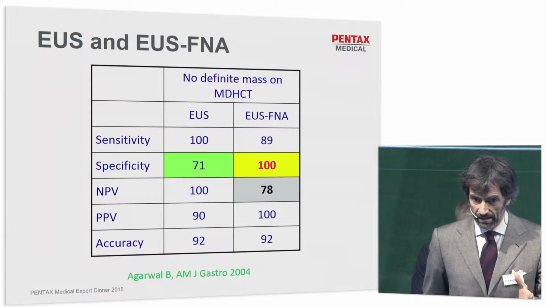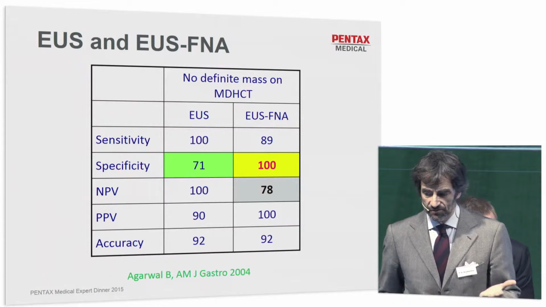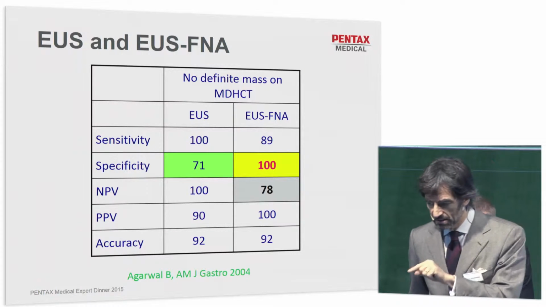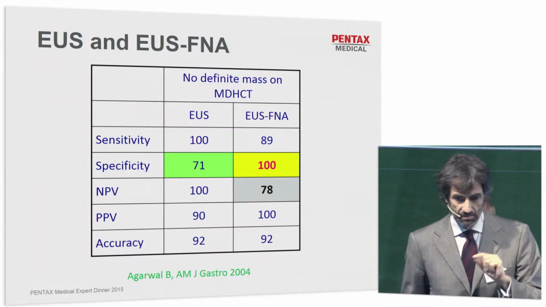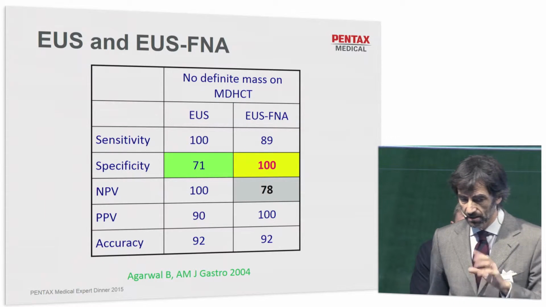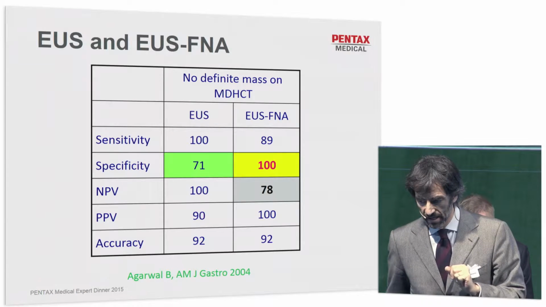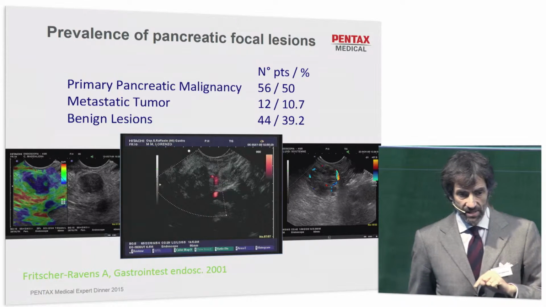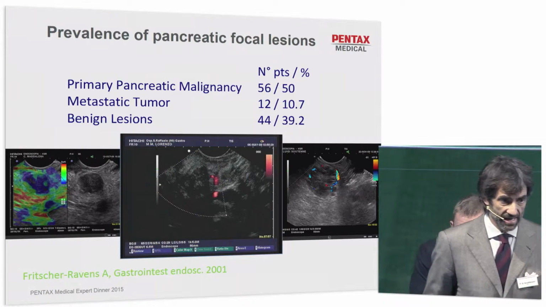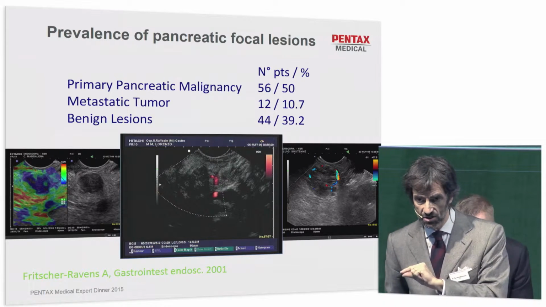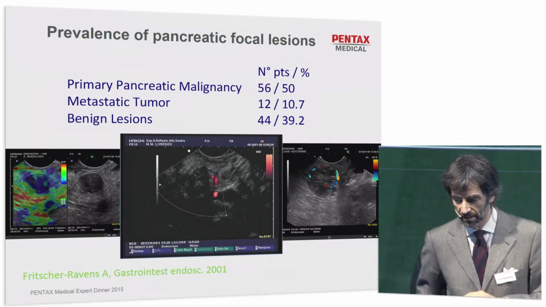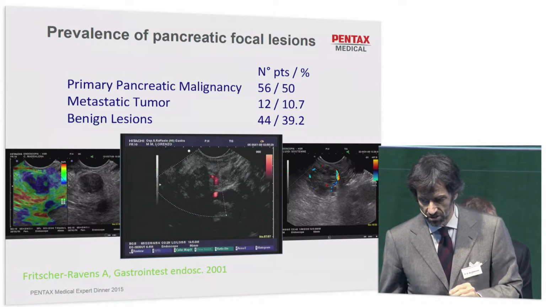And why? Because with EUS-FNA, we can clearly distinguish and depict pancreatic masses not detected by other cross-sectional modalities. And in pancreatic masses, we can also perform differential diagnosis between benign and malignant lesions to tell our surgeons which kind of intervention can be performed on these patients.